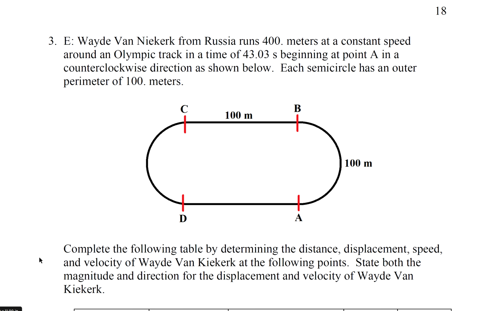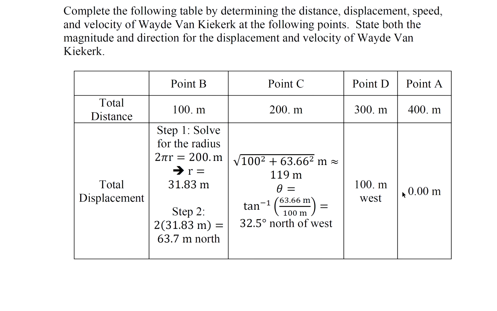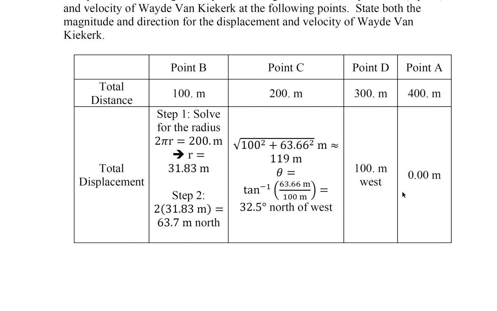Question 3, now we have this traditional track where the semicircles have a length of 100 meters and the straight part has a length of 100 meters, totaling 400 meters. So you could pause the video and see what was done to determine the total distance and the total displacement.